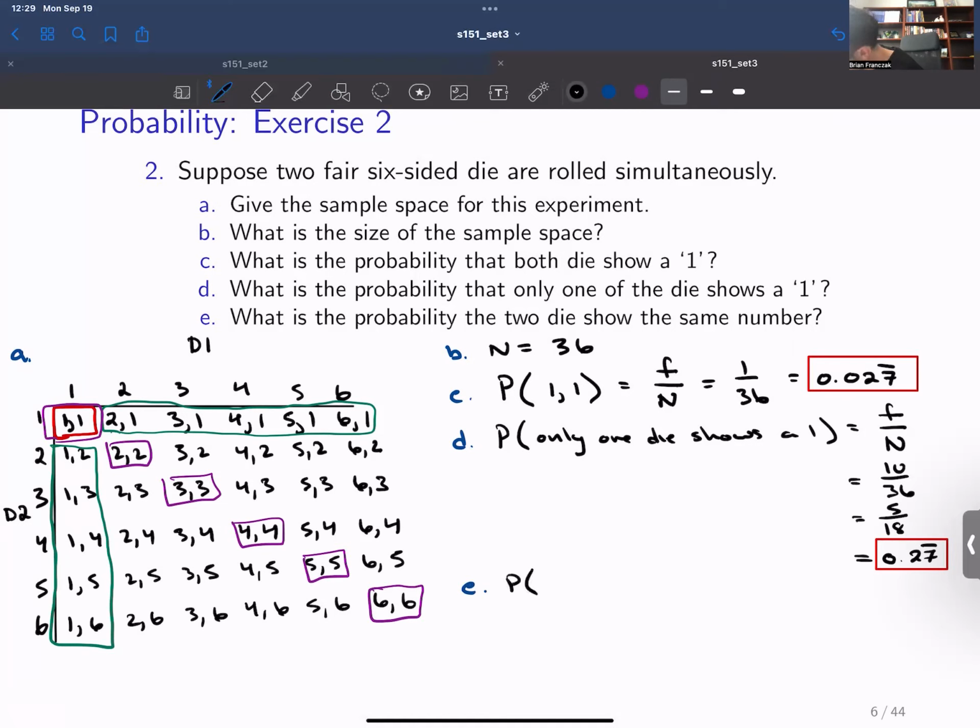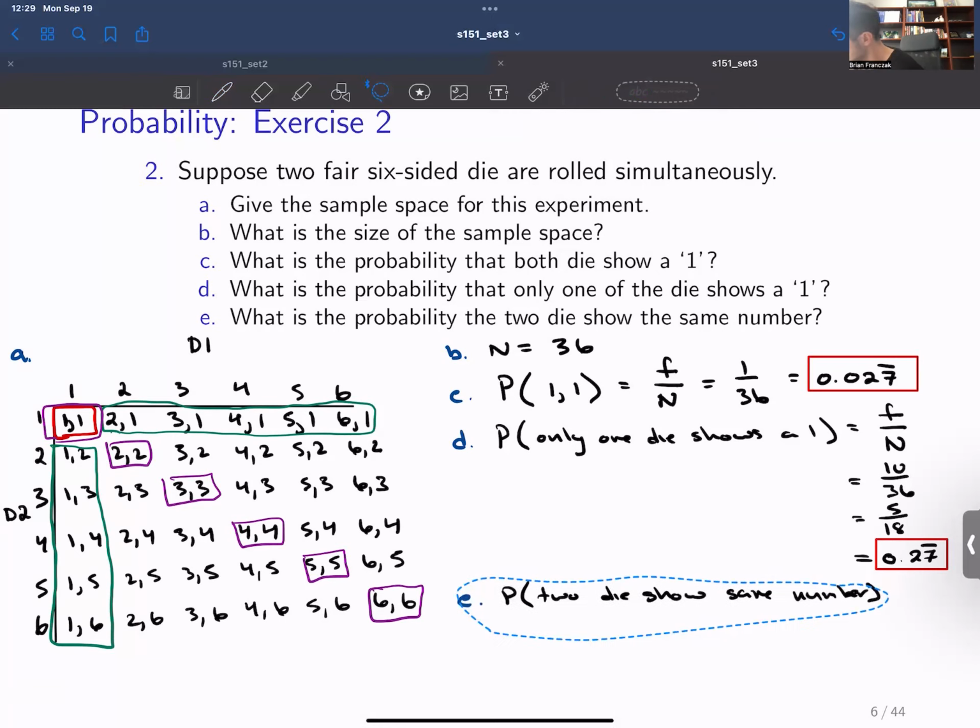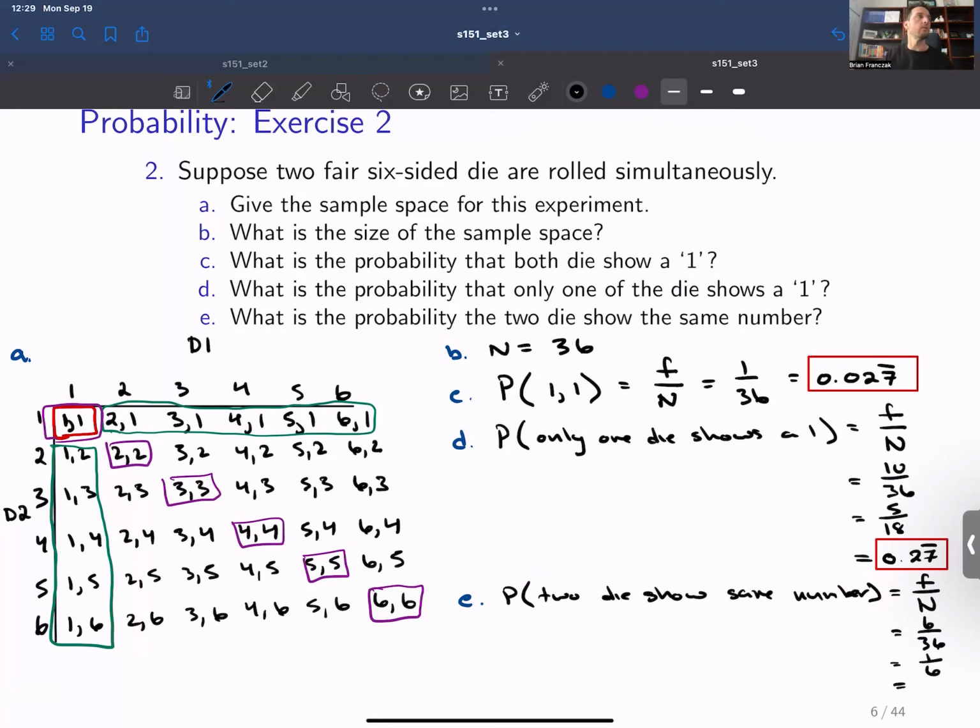So the probability the 2 die show the same number is equal to little f over N, which is equal to 6 over 36, which is equal to 1 over 6. And then 1 over 6 is going to be half of a third, 0.16 repeating.